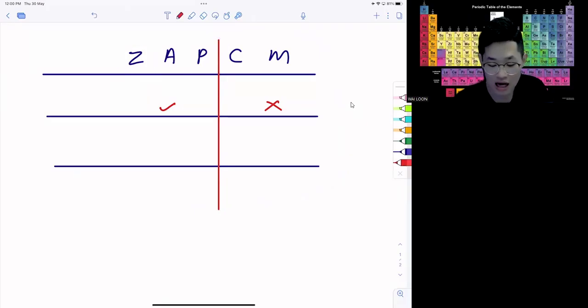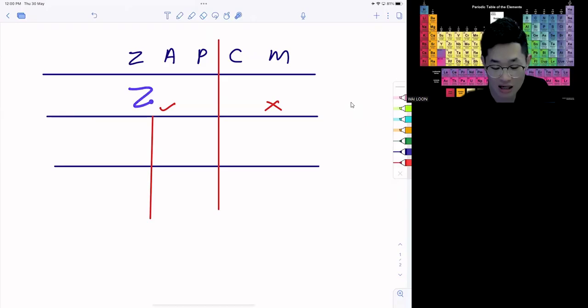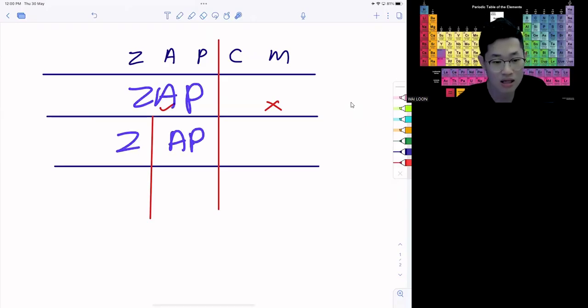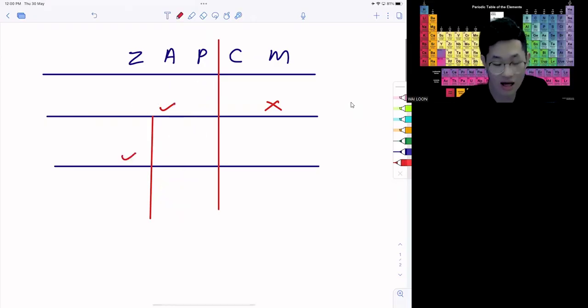So first, I draw a line to separate the ZAP and AP. And finally, I have to separate this into A and P. Tick and cross. AP, tick and cross.